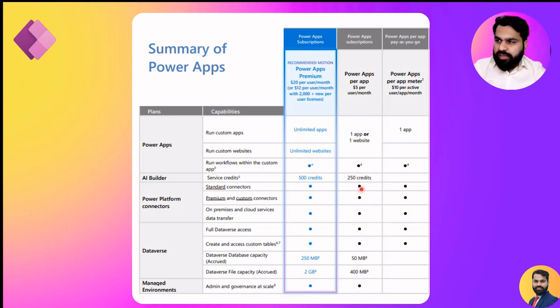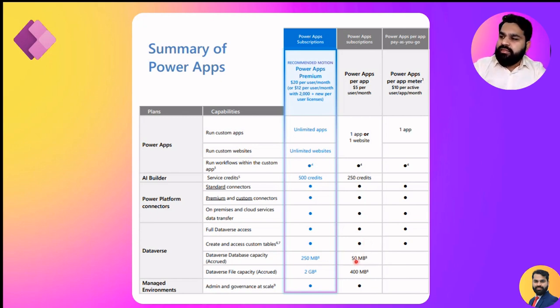From the AI Builder credits perspective, 250 such credits per license will be allocated to the tenant. Then these users will be able to access the standard connectors also, premium and custom connectors as well, and then the on-premise data gateways, in case any integration is required from the cloud, which is Power Platform, to the on-premise system, like the SQL Server or Oracle Server examples we already took. These users will get full Dataverse access. They will be able to create and access custom tables as well.